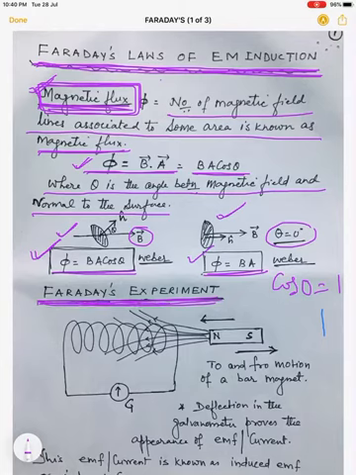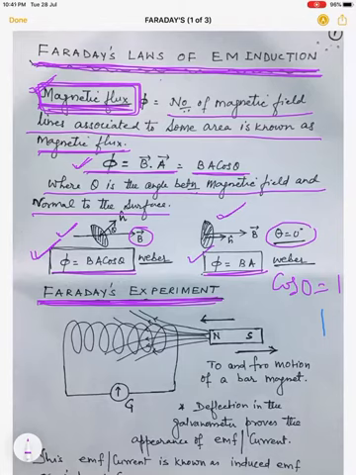But Faraday thought in the reverse manner. He thought, when current can produce a magnetic field, whether the reverse is possible or not, whether a magnetic field can be used to produce current or not.